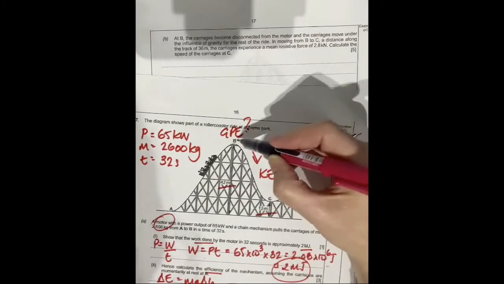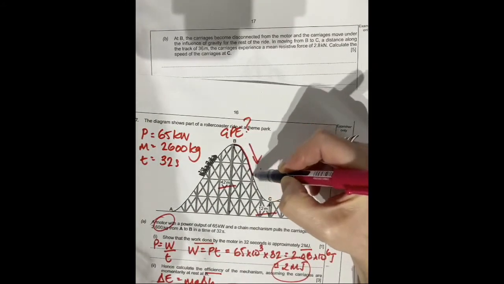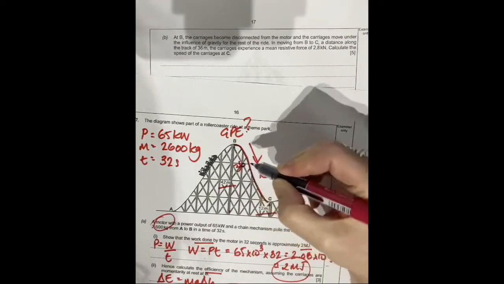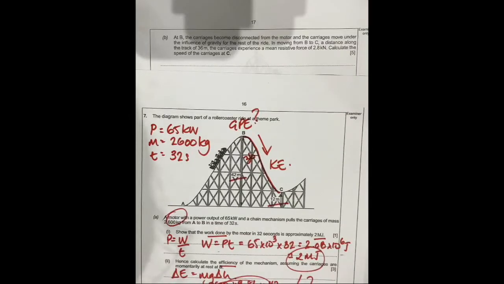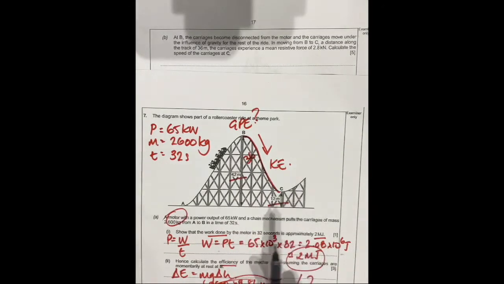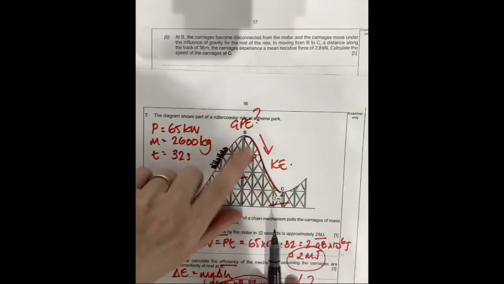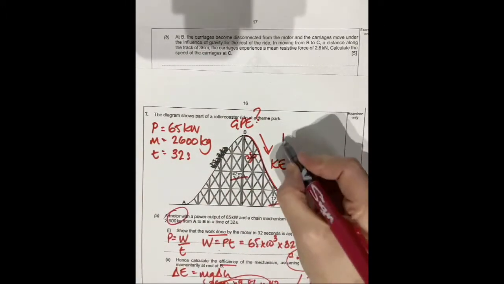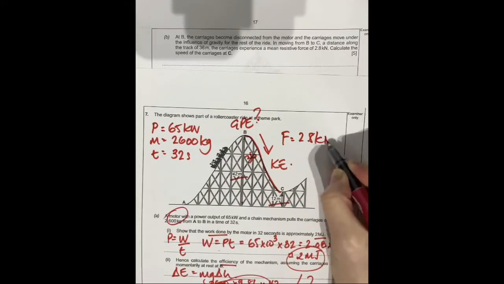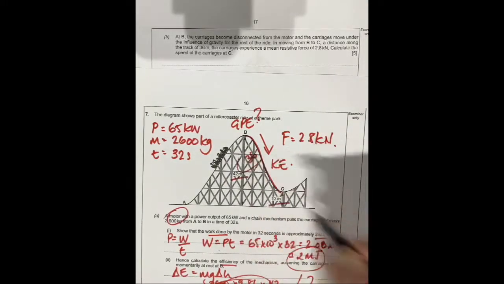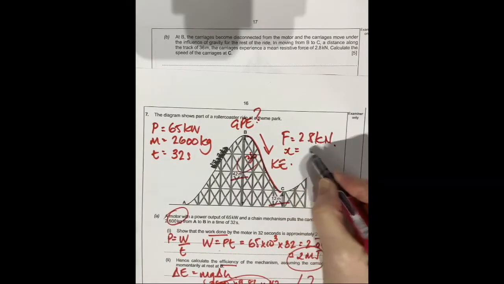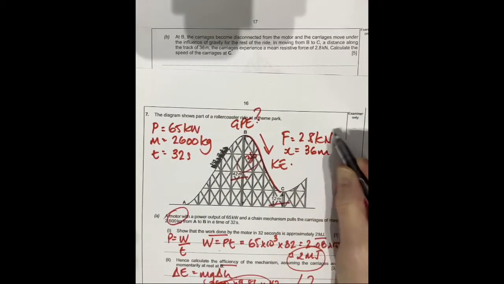So coming down that track, that distance is 36 meters. Okay. The carriages experience a mean resistive force. So that means all your friction, all your air resistance, the resistive force is 2.8 kilonewtons. And that's the distance. Okay. So we know a force and we know a distance.